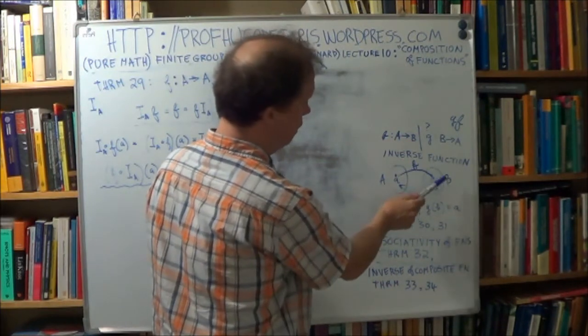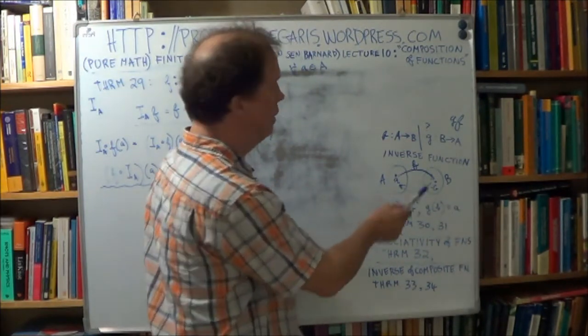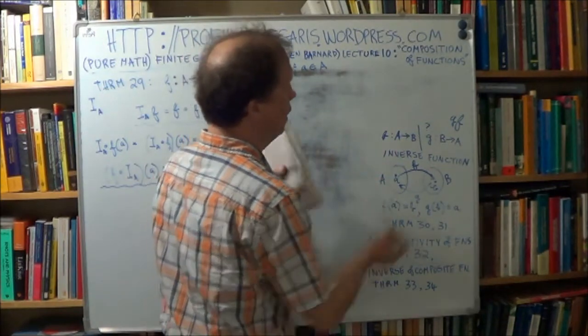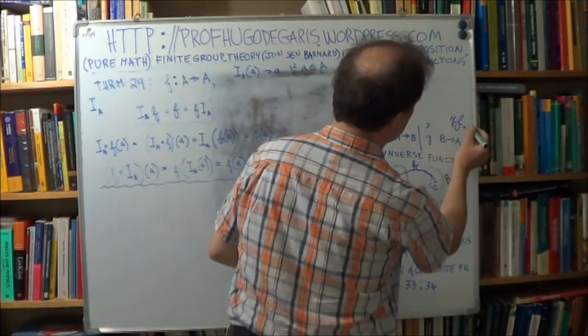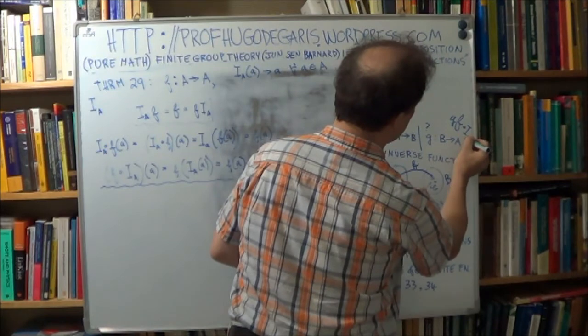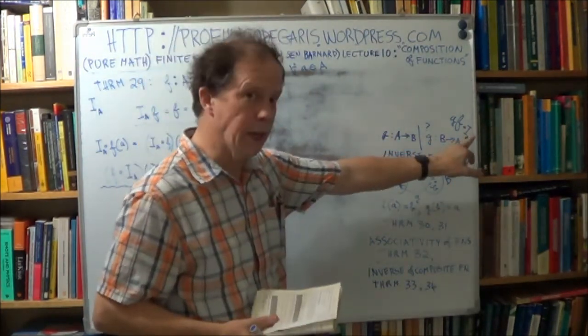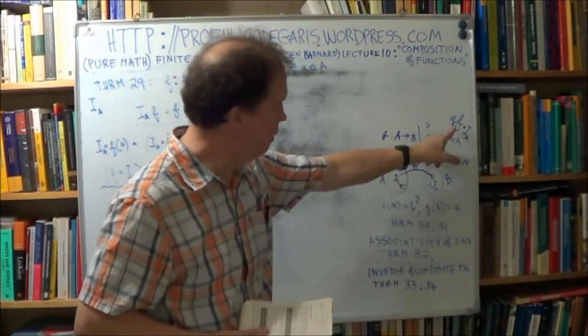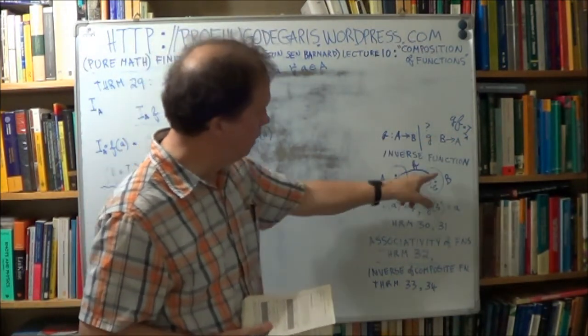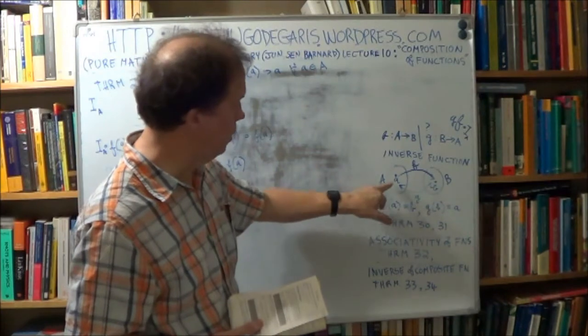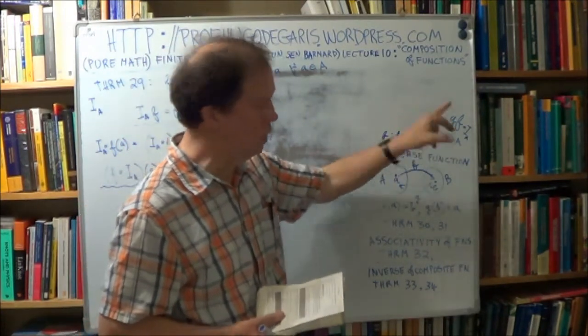So f takes you to here, and g would take you back. So if that g can exist, then this is just the identity operator for set A, because you do f first, and then come back. So you'd end up with little a if this g exists.